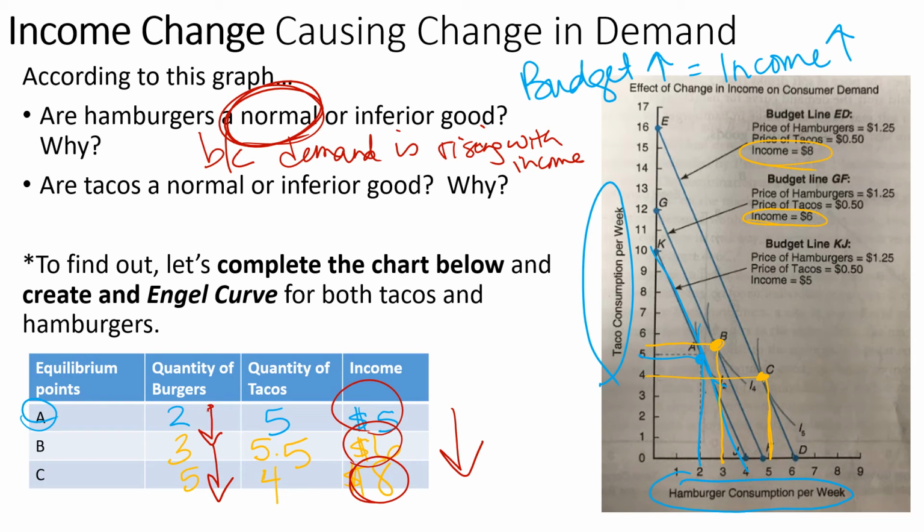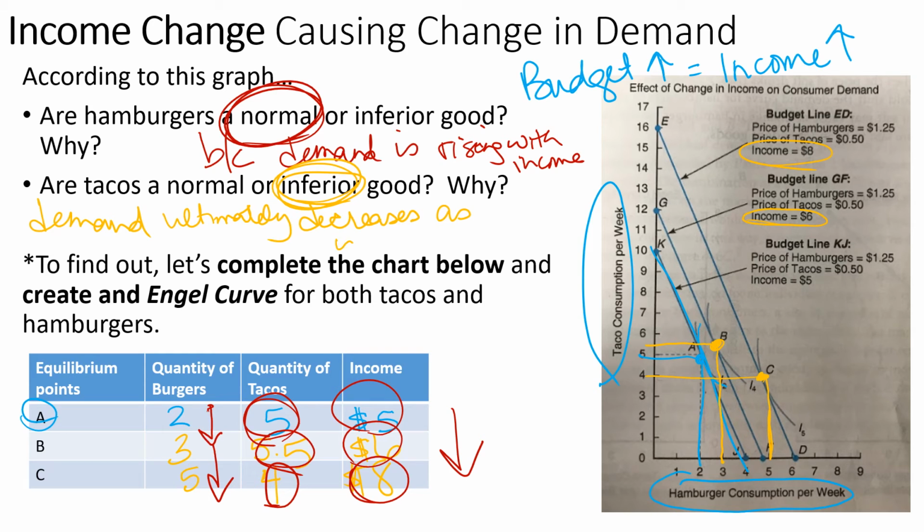Are tacos a normal or inferior good? Well, we begin to go up. First we go up from 5 to 5.5, so it did go up a little bit, but then we go down to 4. I would take 2 answers on this. I would say inferior because demand ultimately decreases as income increases.